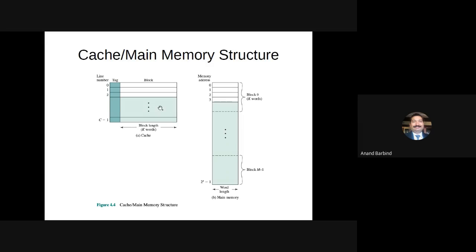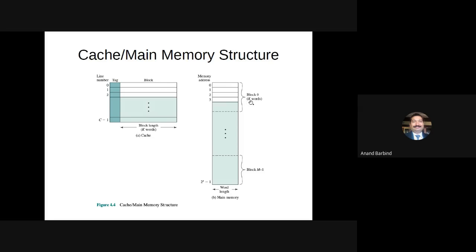So what is done is that the main memory is divided into a number of blocks. We can see here that this memory is divided into blocks: this is block number 0, followed by block number 1, 2, 3, 4. There can be as many as, let us say, m blocks in this main memory. A particular block may consist of k words.